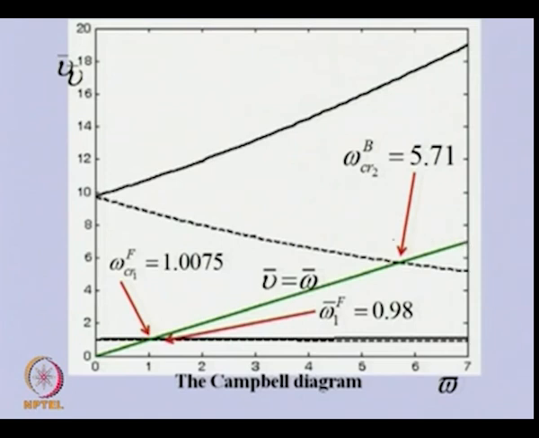Another thing you can see is that at 0 speed, both the frequencies which got split because of the gyroscopic couple converge to the same place, because the gyroscopic couple is not there. So, this splitting is due to the gyroscopic couple.